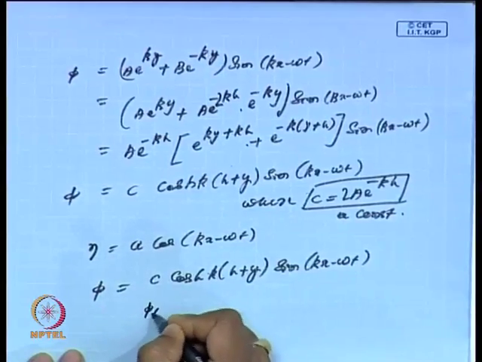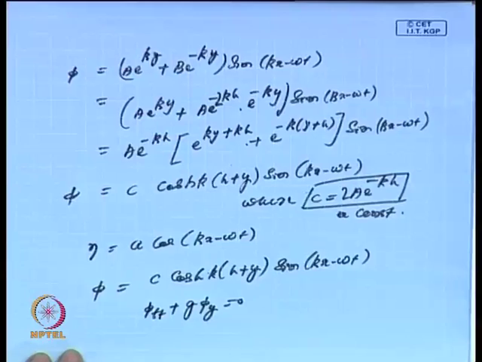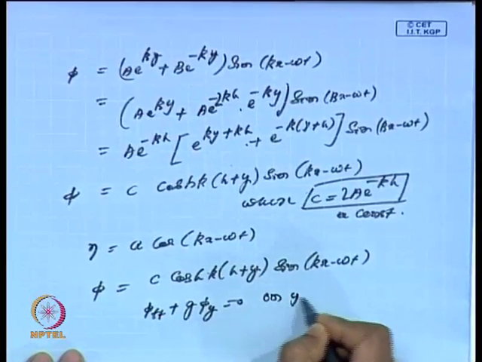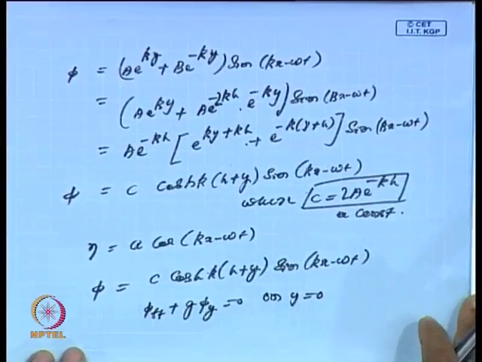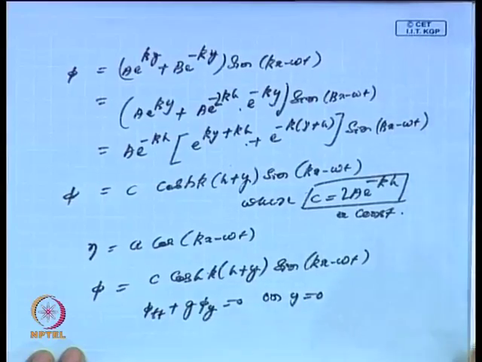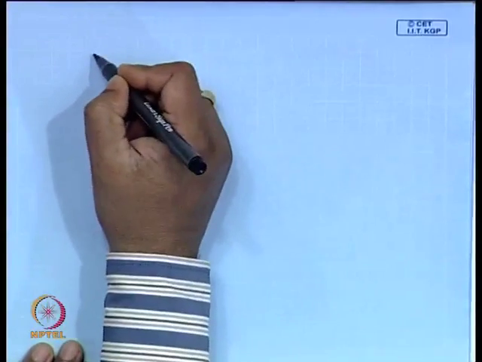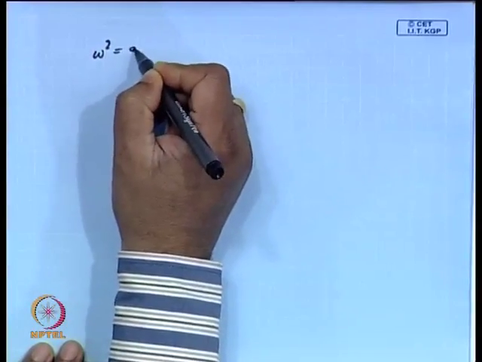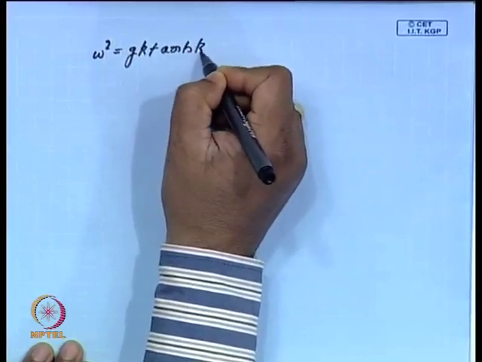My free surface condition is phi_tt plus g phi_y equals 0. This is on y equal to 0, and if I substitute for phi in this, we can easily derive that omega squared is g k tanh(kh).